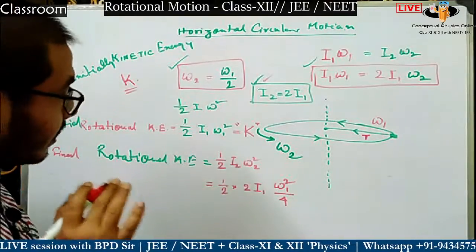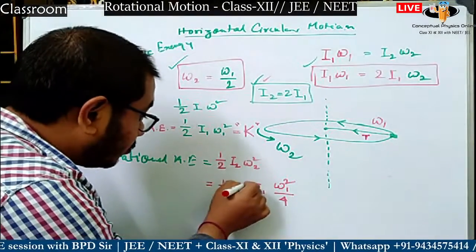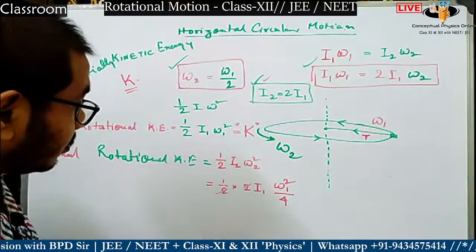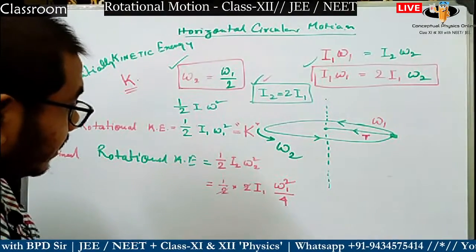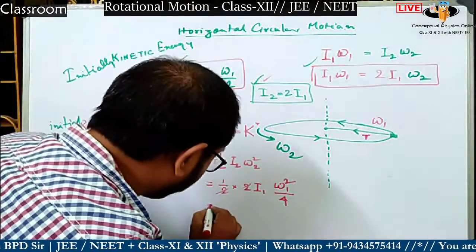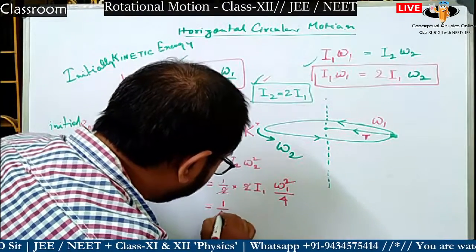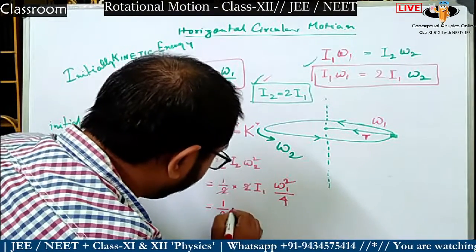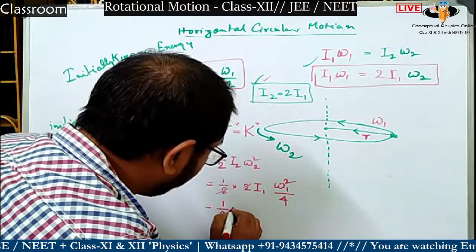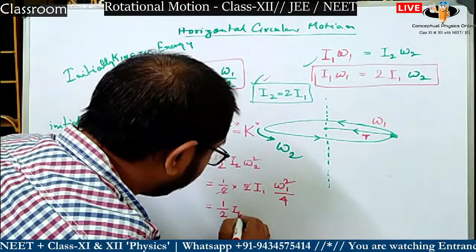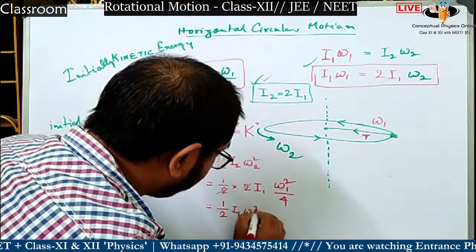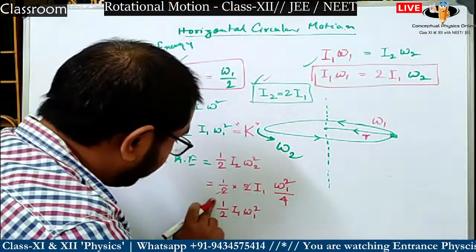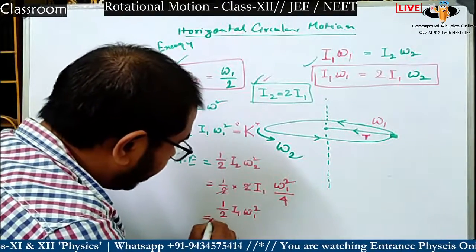So this 2 is getting cancelled out, and we can write this as half I1 omega 1 square divided by 2.